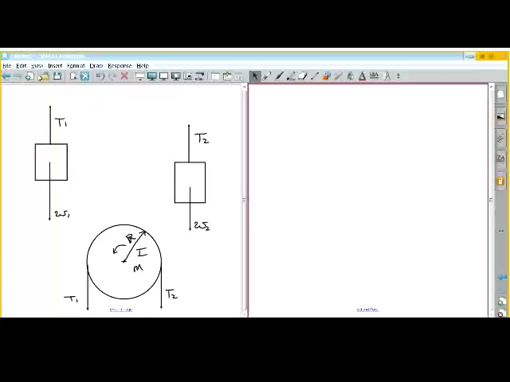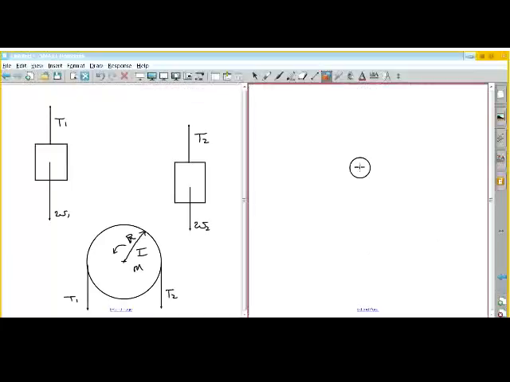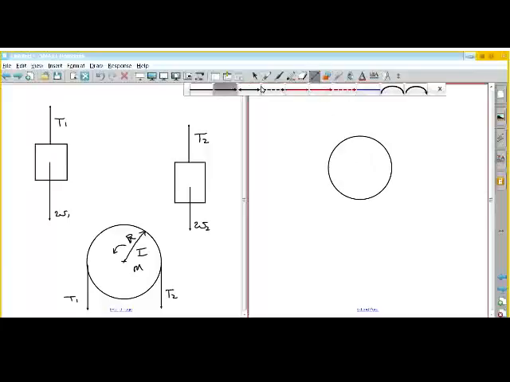Other examples of problems that I could do is I could give you somebody pushing on a wheel at the periphery like this to cause this thing to rotate. But if you think about it, for somebody to push this at a constant force, they'd have to run around this, and it would be speeding. It would be accelerating, and so you'd have to run faster and faster and faster, and that really doesn't happen.